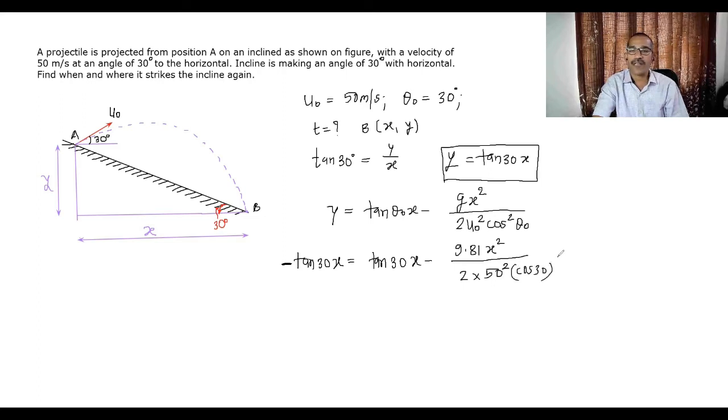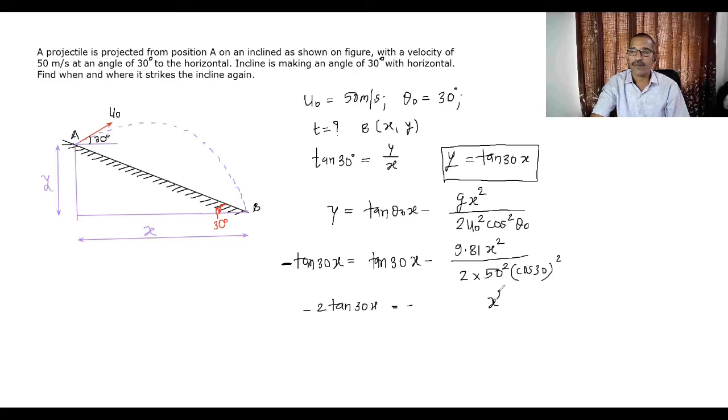Now this tan 30x, which is on the right-hand side of the equal sign, I'll take to the left-hand side, so it becomes minus 2 times tan 30x equal to, now this value we'll find out, 9.81 upon 2 into 50 square into cos 30 square, so that we get the coefficient of x square.